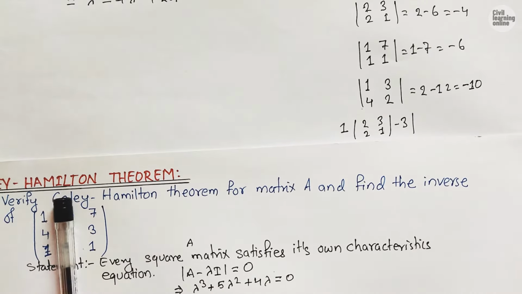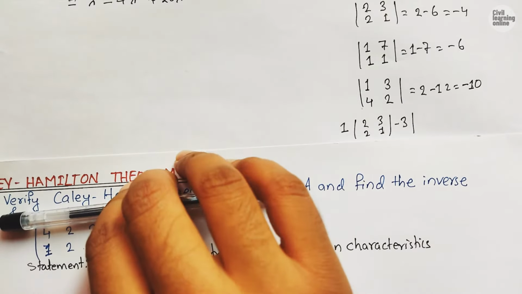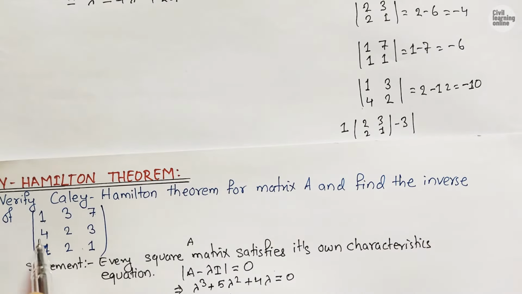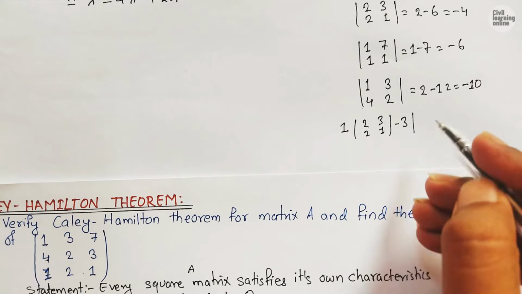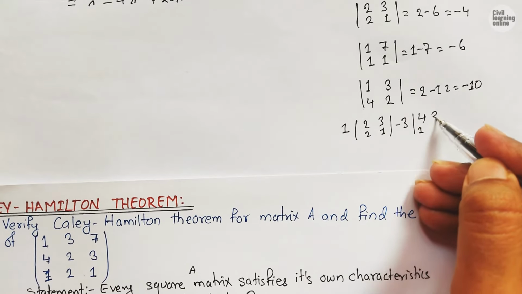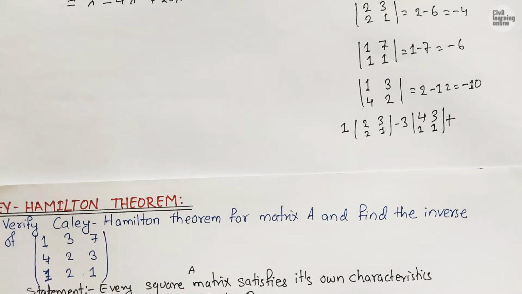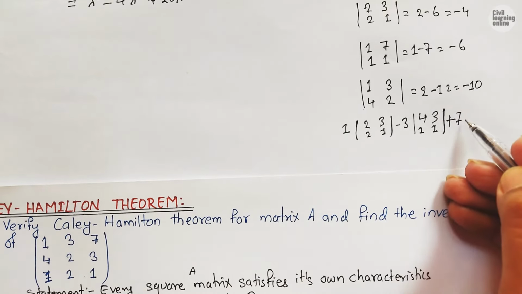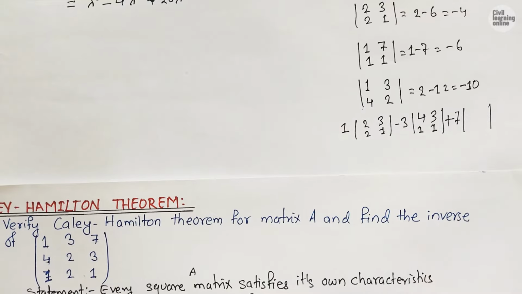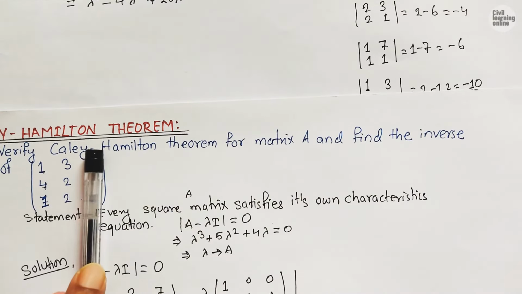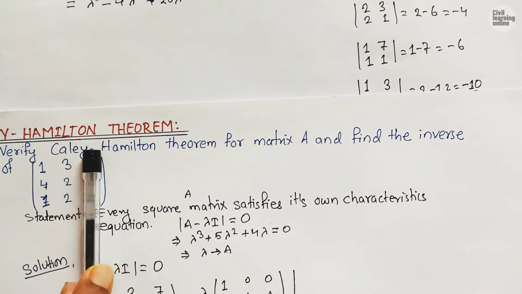So 3 lies in this row and column. So 4 1 3 1 is visible here. So 4 1 3 1, and put the positive sign here, and now it is time to multiply with respect to 7. So 7, and the elements which are visible is, cover this and this.